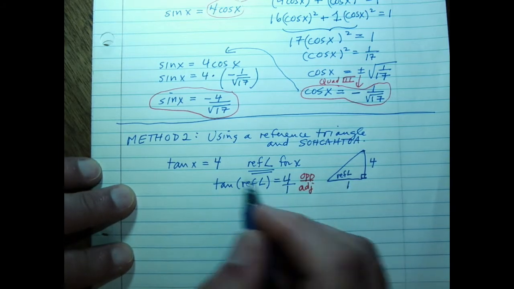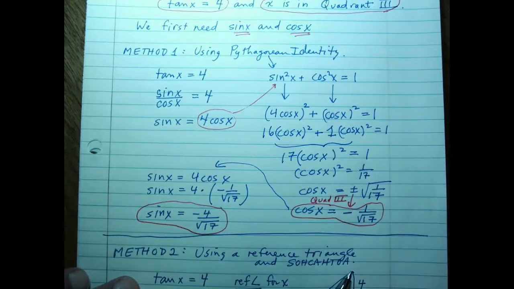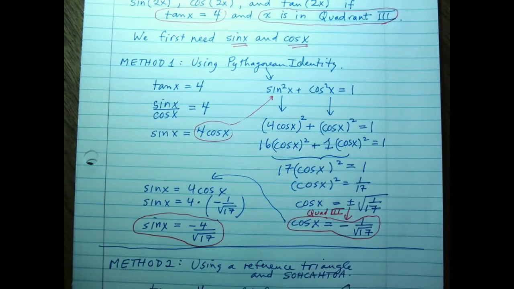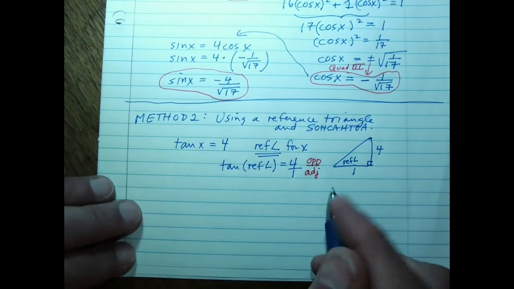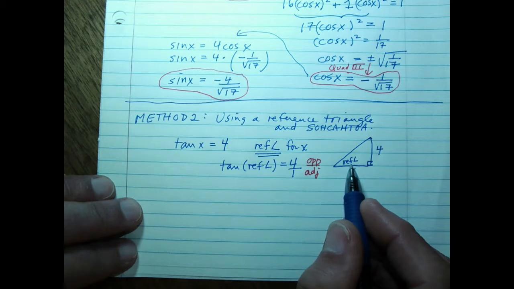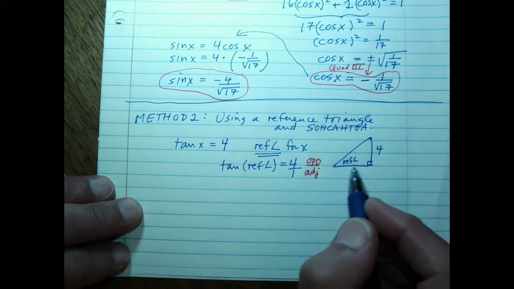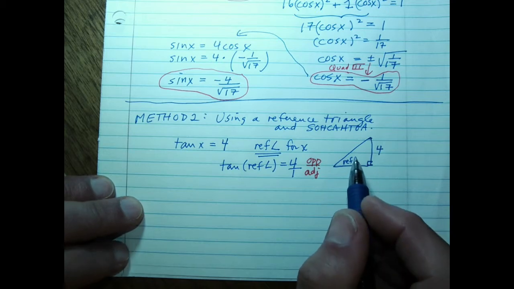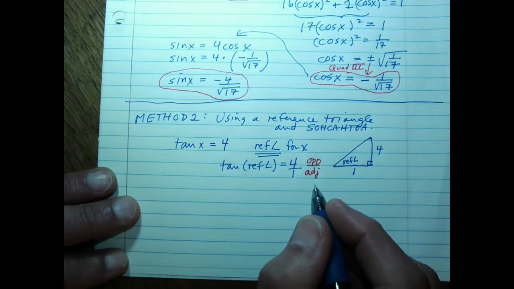I mean, tangent of x is positive, but x is actually in quadrant 3, and the sine and cosine of x are both negative, so SOHCAHTOA doesn't give us negative values. That comes from other quadrants. So I call this the reference angle. That's an acute angle between 0 and 90 degrees. All the values are positive. I work in a positive world, and then I refer back to my quadrant to change signs when necessary.